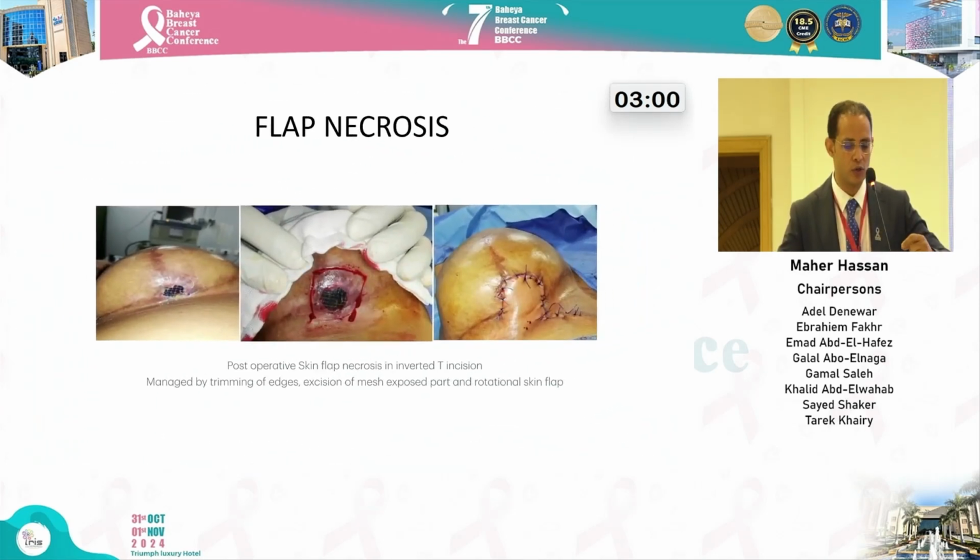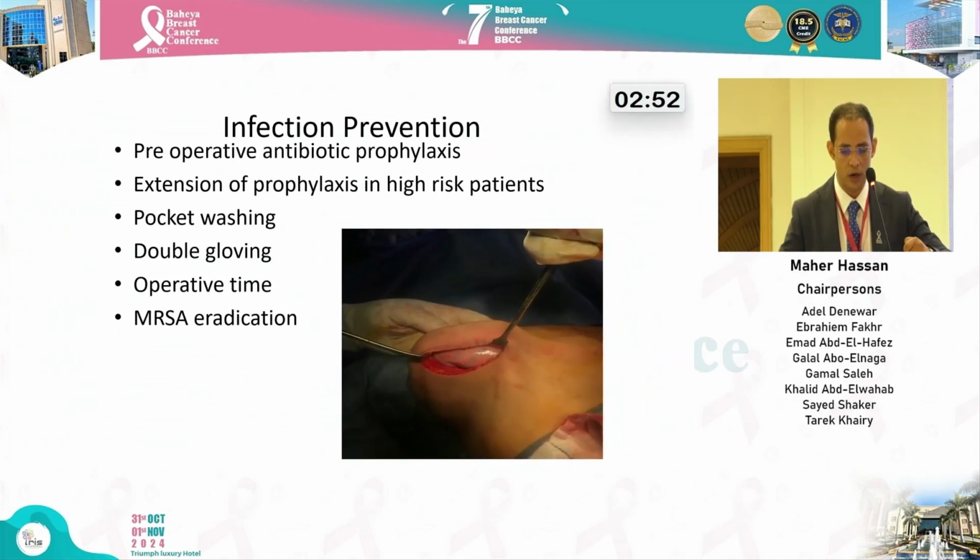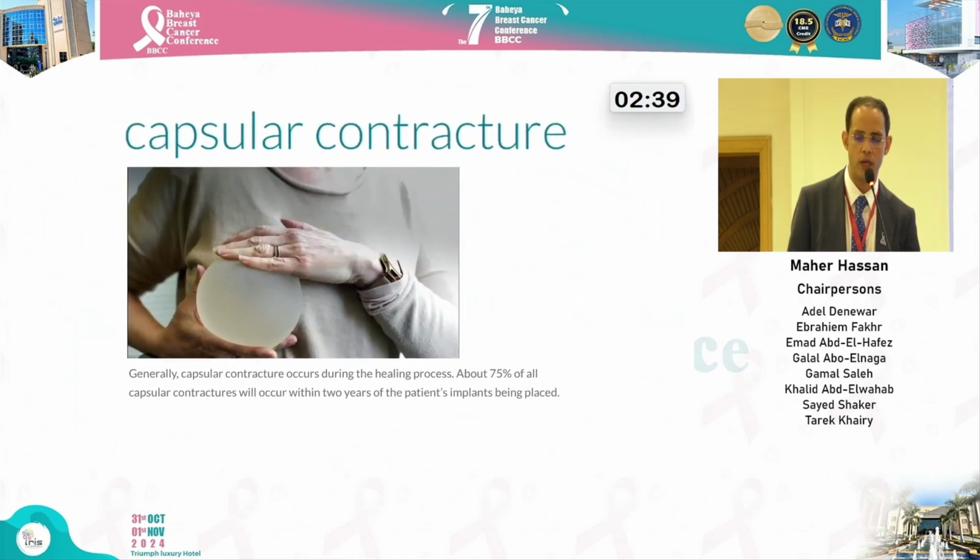Even for flap necrosis, we can go for conservative treatment, removing the necrotic part and just a rotational skin flap to cover it. And in some cases, we can open the pocket and do a lavage, or we can remove the mesh and put the implant again as a conservative treatment to keep the implant.